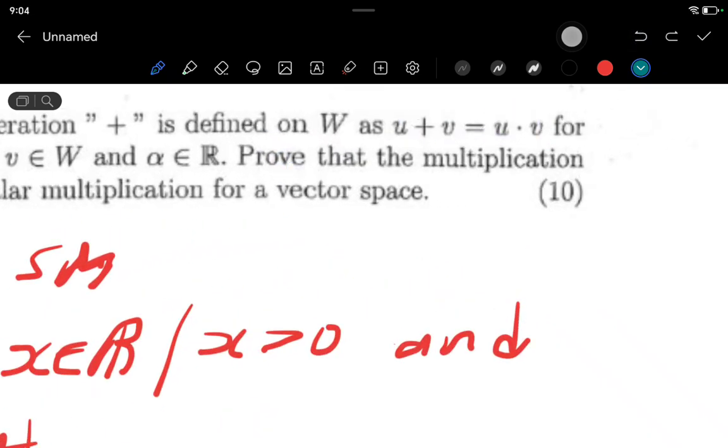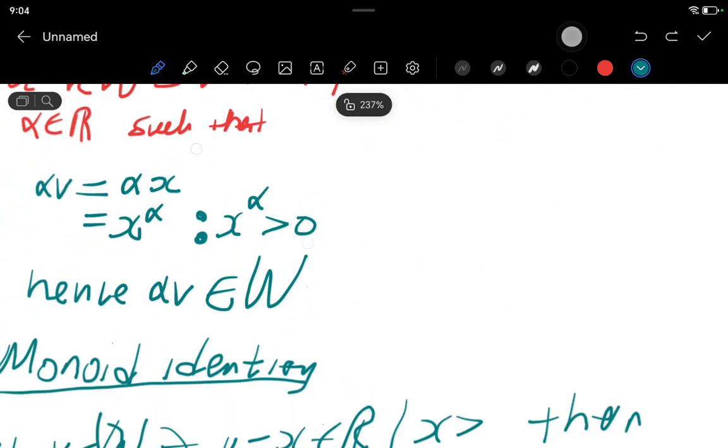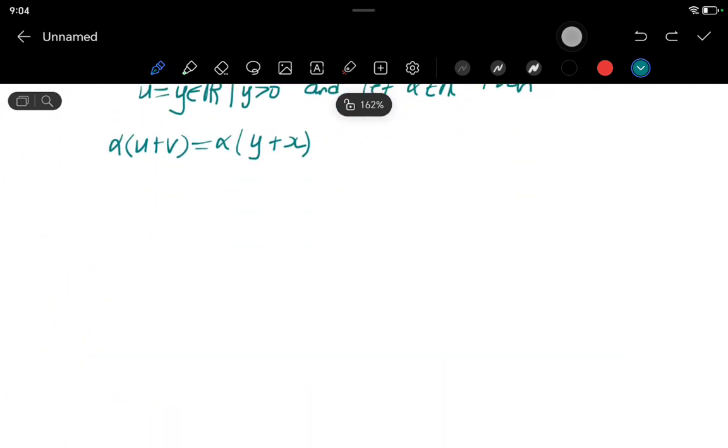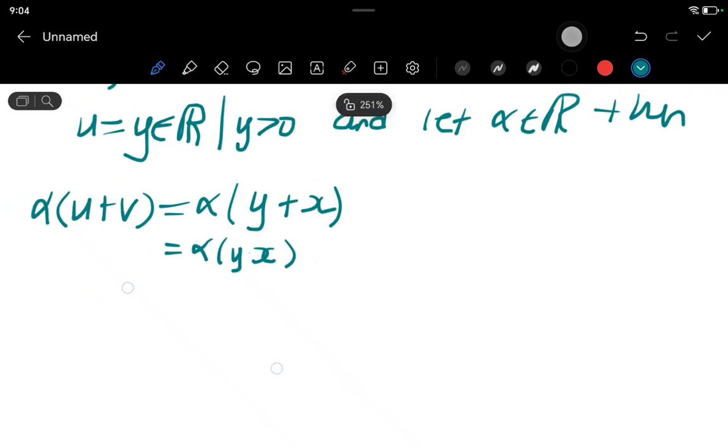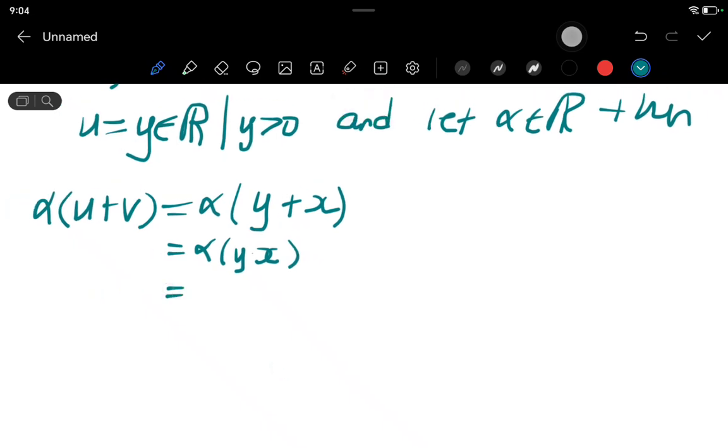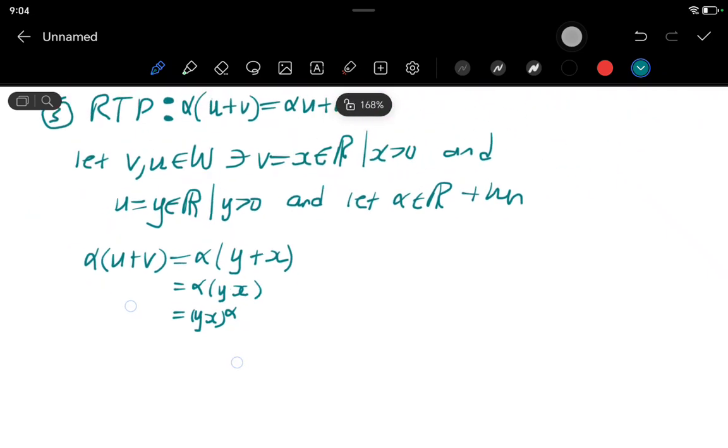So the addition of these will be yx, and according to the condition of scalar multiplication, this will be yx to the exponent alpha. And now we check the other side.